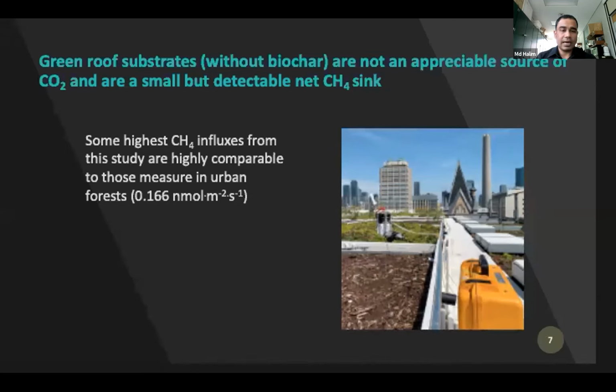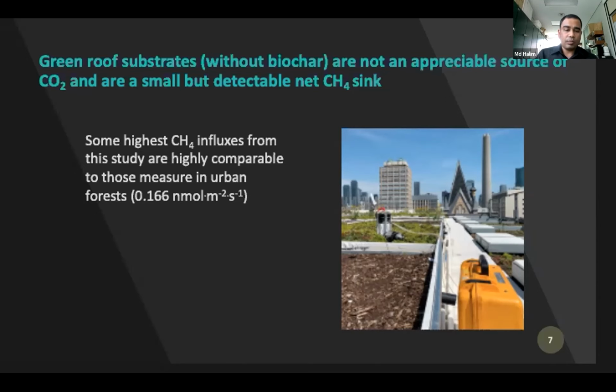Some of the highest methane influx that we observed are comparable to that measured from nearby urban forests. This suggests that green roofs could potentially be designed to act as methane sinks of comparable importance to urban forests, possibly by using biochar.